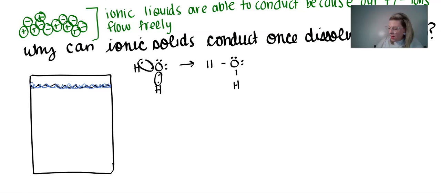Okay. And in order to talk about why it's going to help us create a solution that can conduct, we need to review the concept of molecular polarity. So keep in mind that H and O do not share their electrons equally. H has an electronegativity of 2.2, and O has an electronegativity of 3.4.